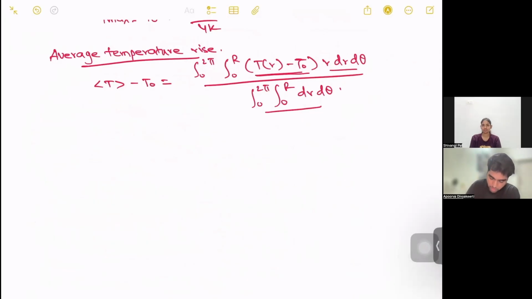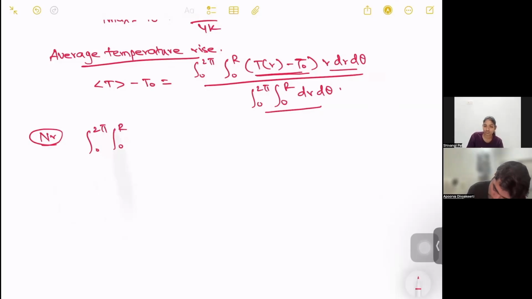So how do we get this? Calculating this, for the numerator we'll do it individually. What is the numerator? The numerator is integral 0 to 2 pi, integral 0 to R of (T minus T naught) r dr d theta.